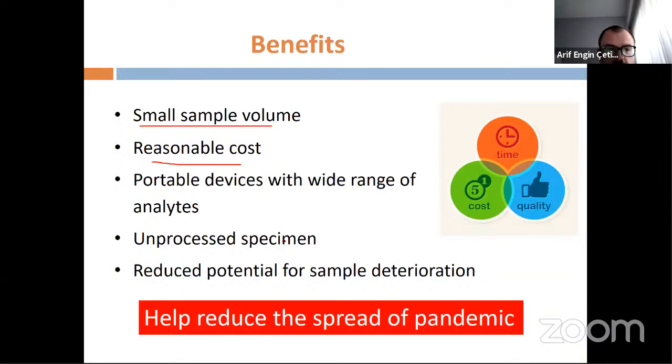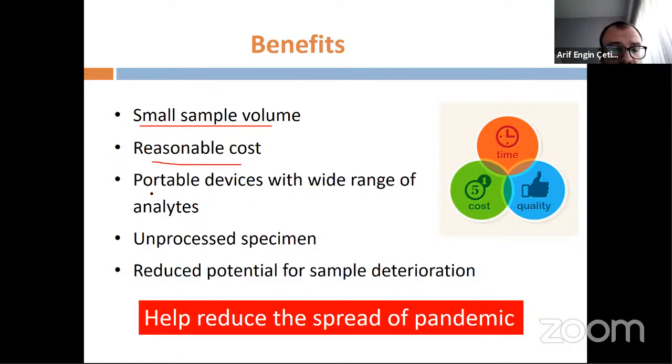Even, I think in the United States, I might be wrong, but it's close to $200. But when you look at the quick COVID-19 test, it's below $10. So when you compare the test cost, it's even more than tenfold smaller than the cost for a classical test.